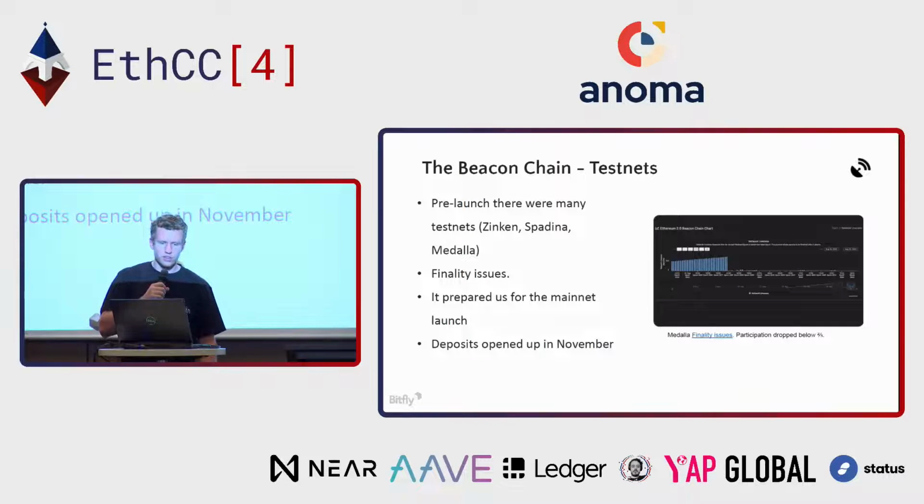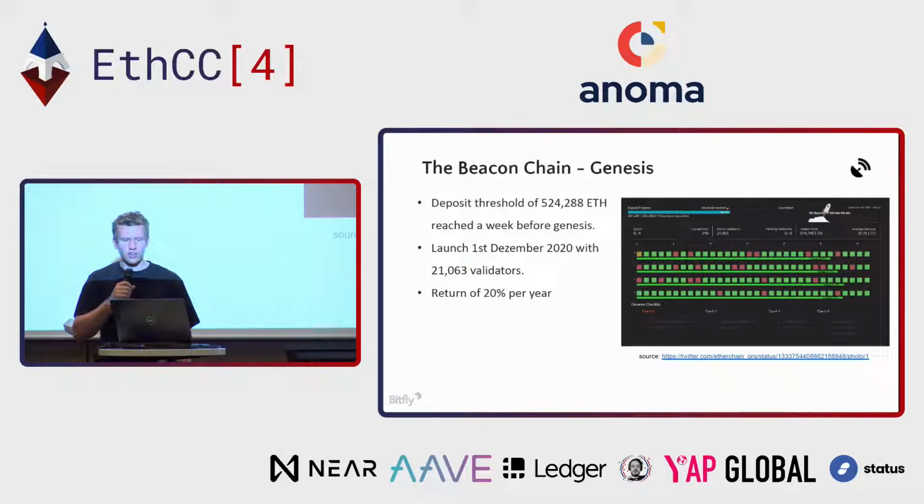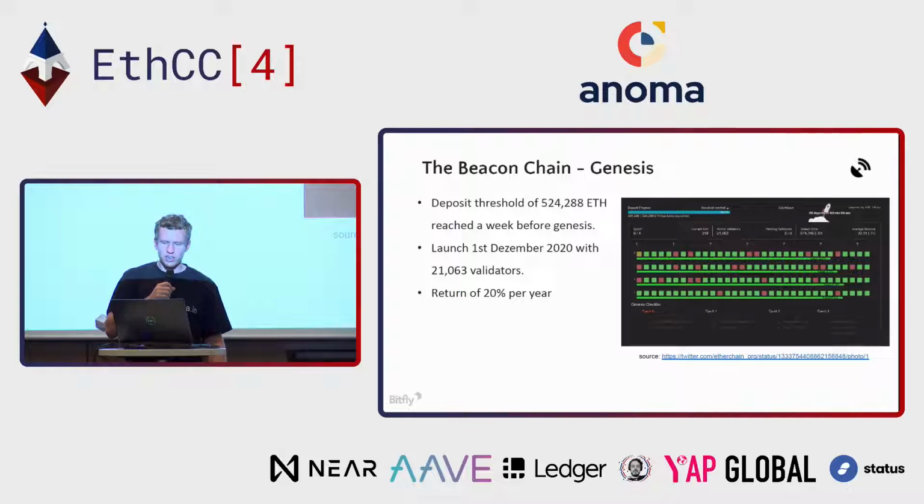And for the Genesis, the deposits opened in November, and it took until about a week before launch. People were actually a bit scared that we weren't going to reach the deposit threshold to start the beacon chain, but luckily we did. The threshold was 500,000 Ethereum that needed to be staked, and we managed to reach that, as I said, 1 week before.